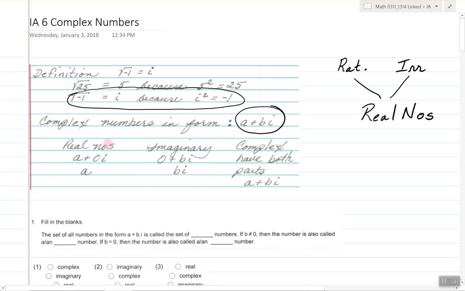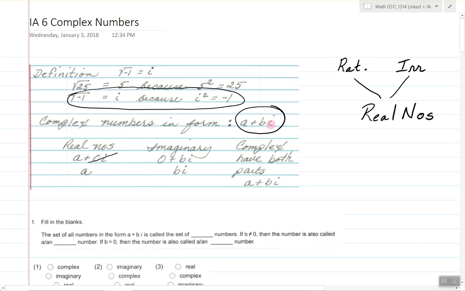Now, the set of real numbers is a subset of the complex numbers. Complex numbers are real if and only if the b value is 0. So if you think about it, if this b is 0, then the coefficient of i is 0, so i is gone, and you have just a real number.